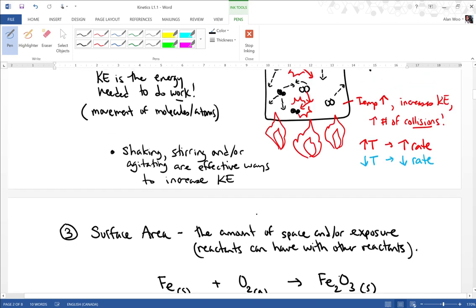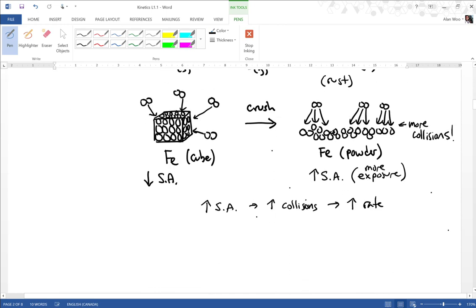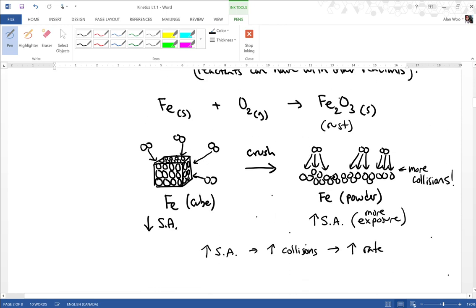So these are just the first three: concentration, temperature, surface area. There are actually a few more that we'll get to in our next lesson.